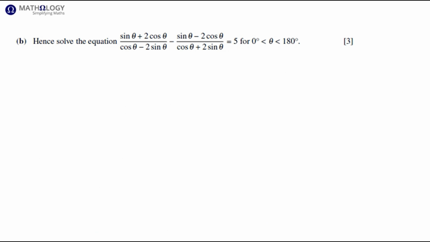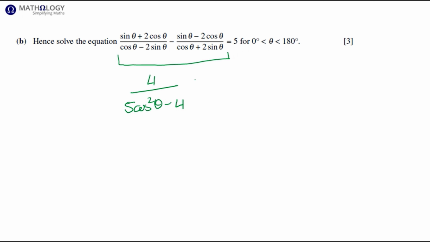Okay, part B is to solve the equation for theta, an angle between 0 and 180 degrees. Now we have just shown that this expression here on the left hand side equals 4 over 5 cos squared theta minus 4. That was the whole purpose behind expressing this expression in terms of a single trigonometric function.